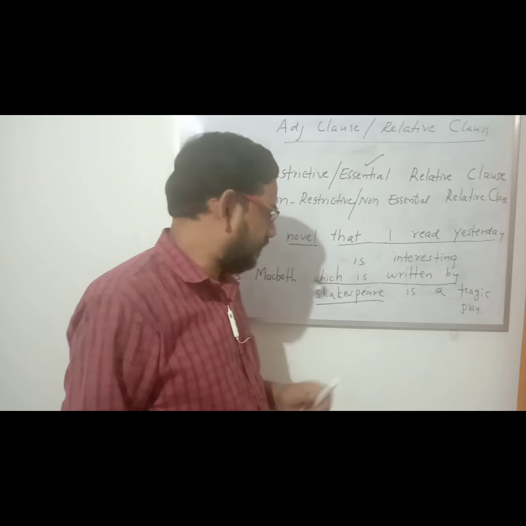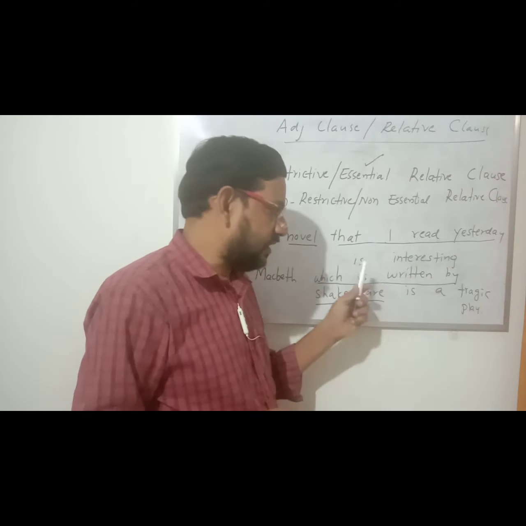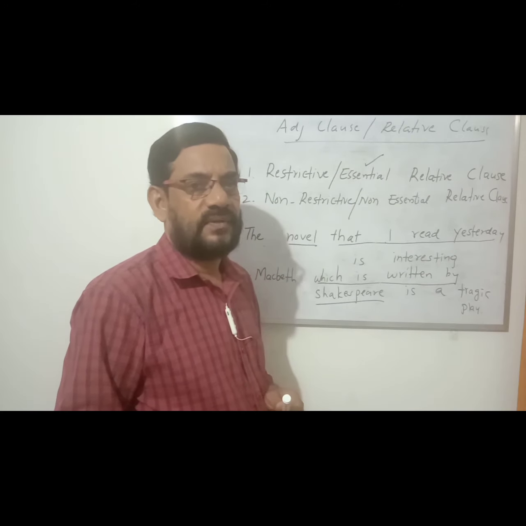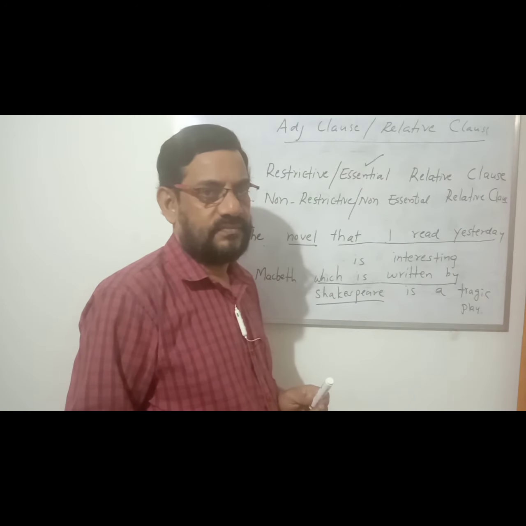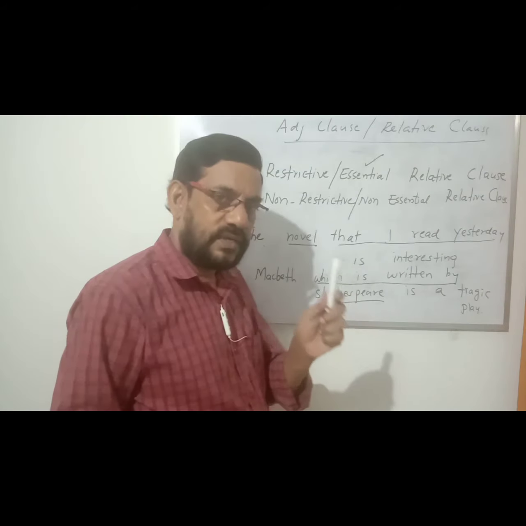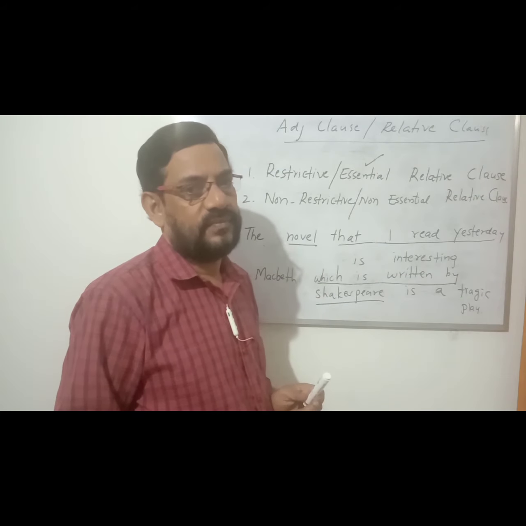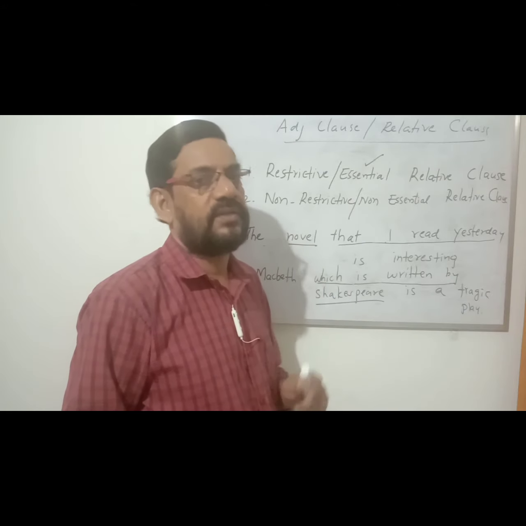There is no need of this clause, which is written by Shakespeare. It is not essential here. It can be added to give extra information. Okay. This clause gives extra information. That extra information may be important, but it is not essential.